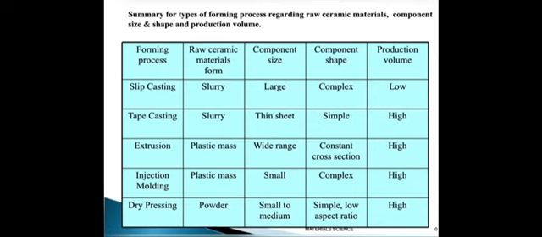The raw ceramic material form is plastic mass, component size is small, component shape is complex and production volume is high. Lastly, forming process for dry pressing. The raw ceramic material form is powder, component size small to medium, component shape is simple and low aspect ratio, production volume is high. Thank you.